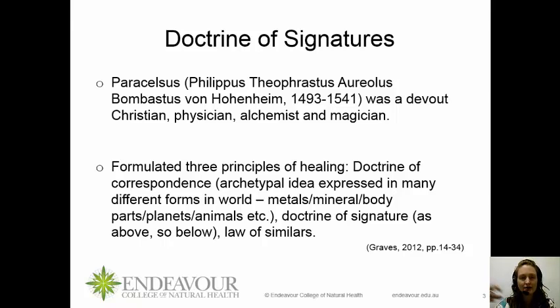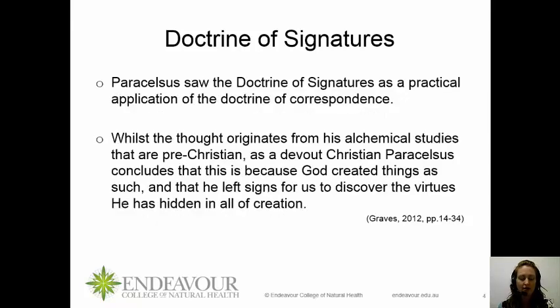So trying to see relationships and laws that could be followed. Doctrine of signatures, which was basically this idea of as above, so below, so seeing the macrocosm in the microcosm, and the law of similars, which is populated in homeopathic traditions to this day, and you can read a lot about that in homeopathic philosophy.